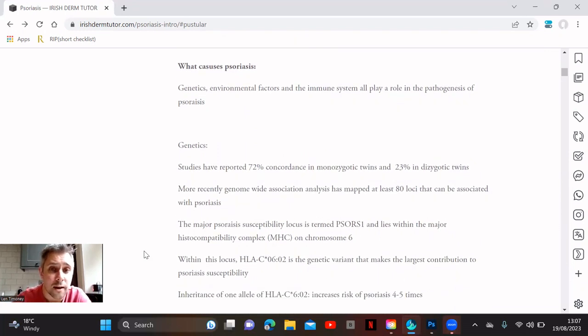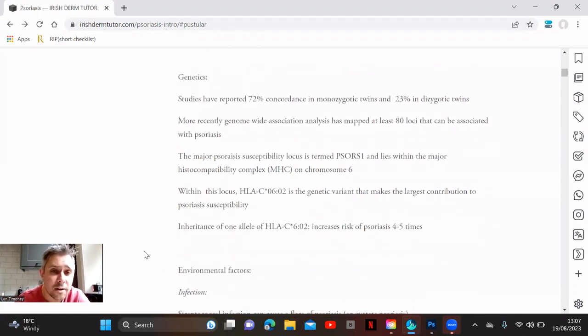So what causes psoriasis? Like many autoimmune conditions, genetic and environmental factors and the immune system all play a role. From a genetic point of view, studies have reported a 72% concordance in monozygotic twins and 23% in dizygotic twins. And more recently, genome-wide association analysis has mapped at least 80 loci that can be associated with psoriasis.